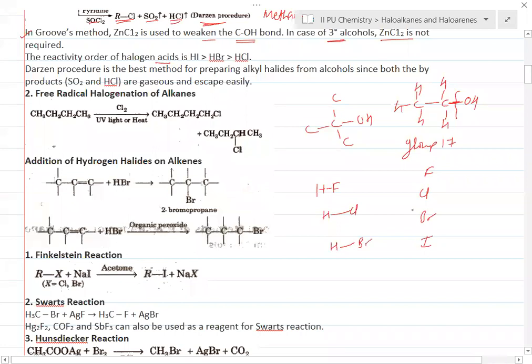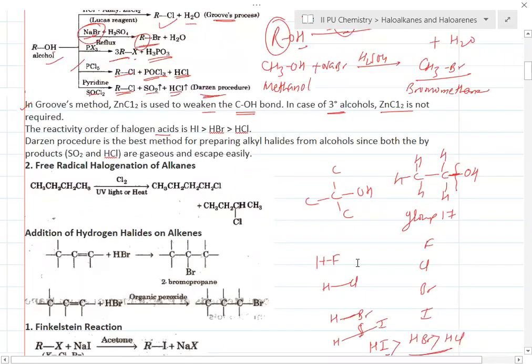As the bond length increases, it is easier to break the bond, so reactivity will increase. HI is more reactive because its bond length is very large, so it is easy to break. Then HBr is there, then HCl. So this is one method of preparation of haloalkanes from alcohol.